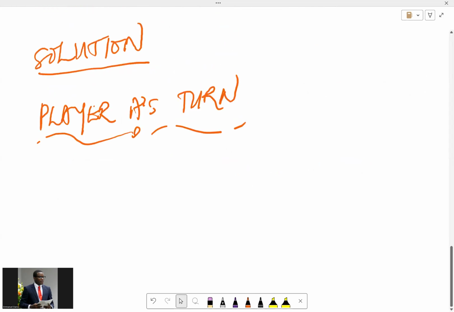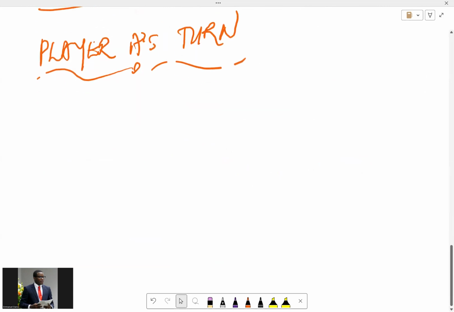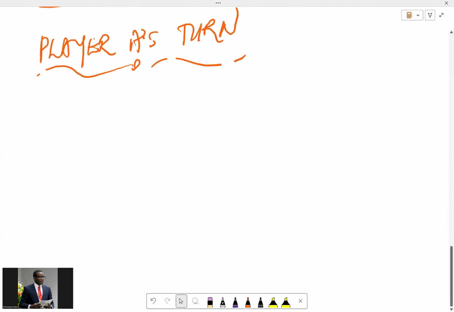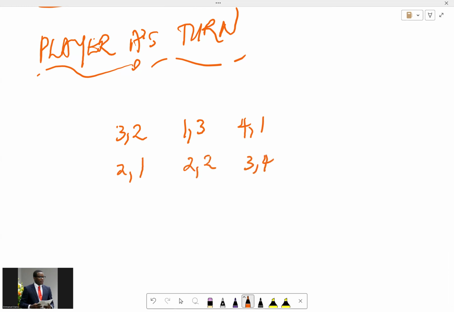So let's have the payoff matrix: 3 2, 1 3, 4 1, then 2 1, 2 2, 3 4, and then 0 3, 3 4, and 1 2. Even this, we can go for different approaches.